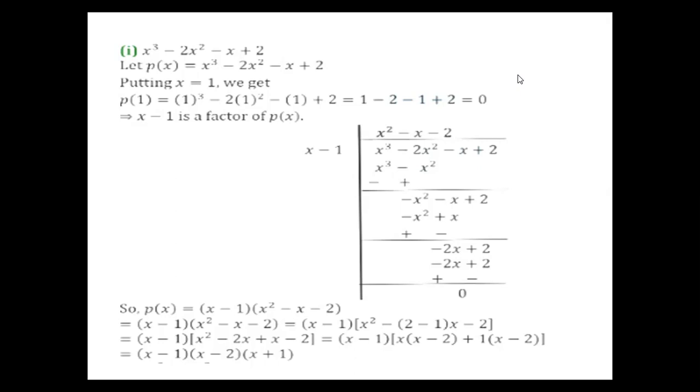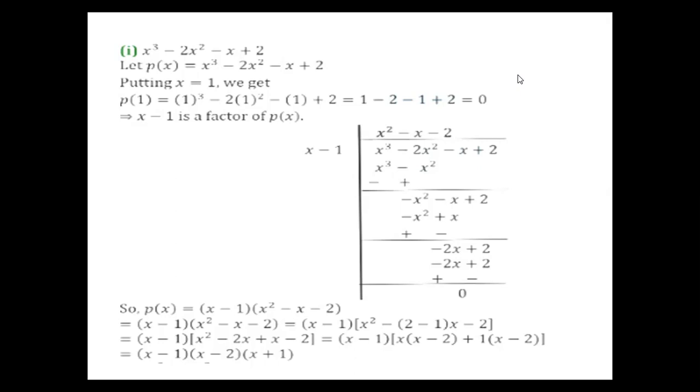Yes, x should be multiplied with minus x. So x into minus x gives me minus x squared. Yes, and at the same time, minus 1 will also get multiplied with minus x. So minus 1 into minus x gives me plus x.